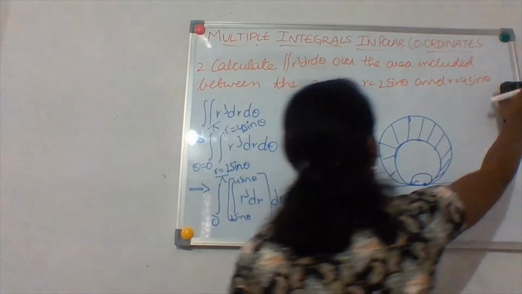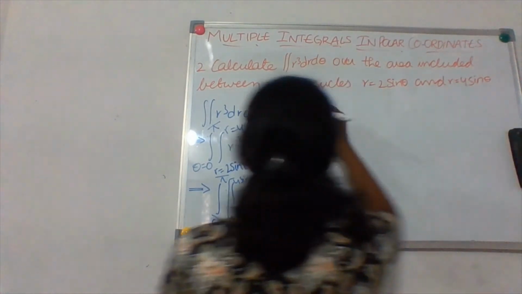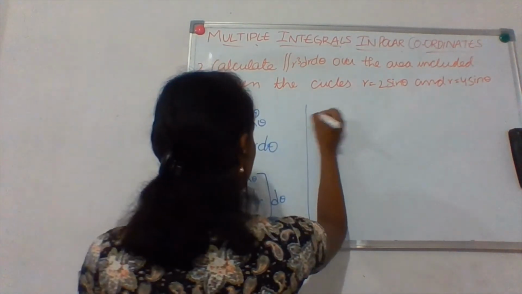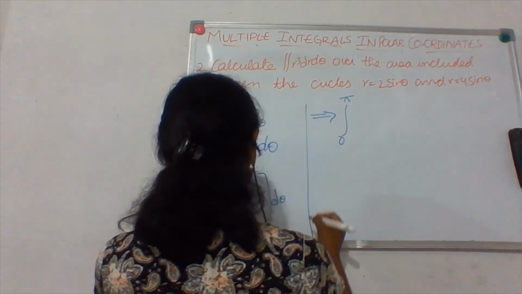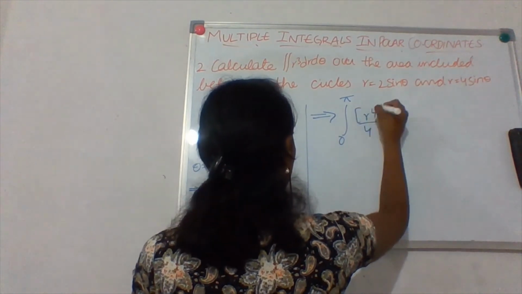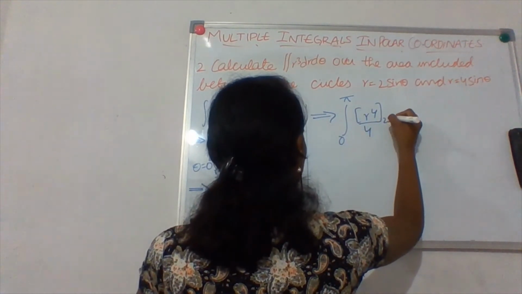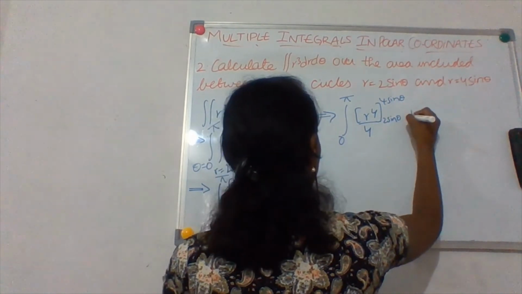Yes. So I'll erase this diagram. Have you understood the diagram? So this implies you get the integral from 0 to pi of r power 4 by 4, from 2 sin theta to 4 sin theta, d theta.